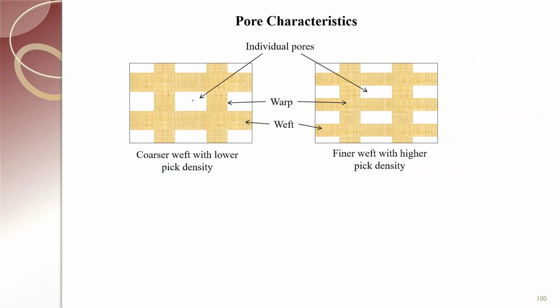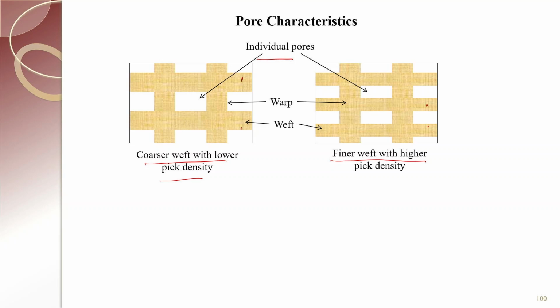Now, see the pore characteristics here. Individual pores, so coarse weft with lower peak density. So, there two peaks are there, and finer weft with higher peak density. Here we are making it 3 pores.